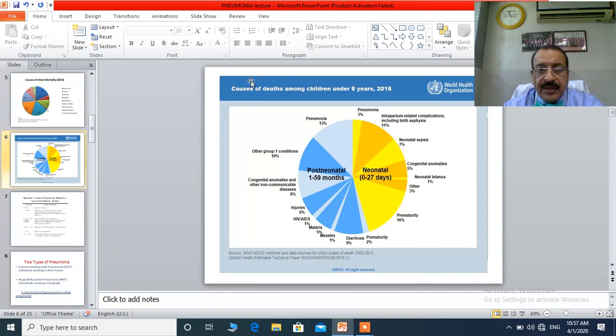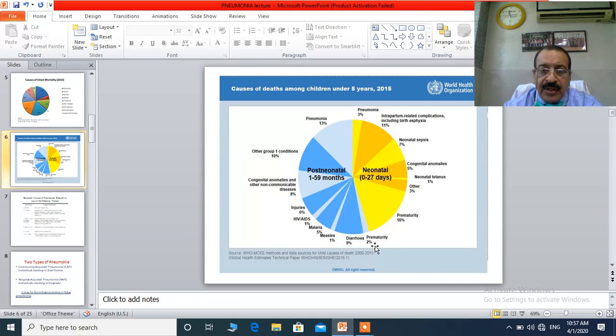Now, if you look at the deaths among children under 5 years of age, you can see that pneumonia still accounts for a majority of the deaths that occur in children under 5 years of age. And then of course the other causes are neonatal deaths, particularly due to asphyxia, prematurity, or sepsis.